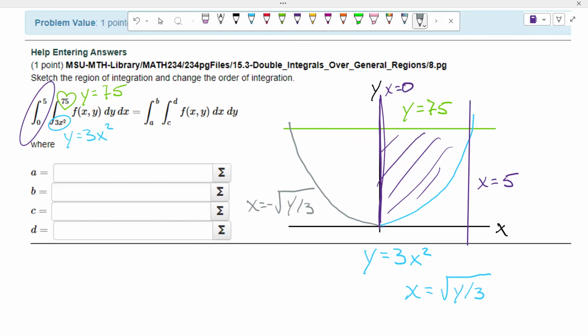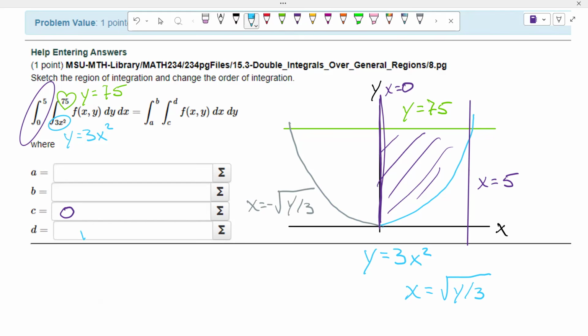So starting with the x limits, that's going to be C and D on this chart over there. I switched from doing an up and a down limit, a top and a bottom limit, to a right and a left limit. So if I'm looking at my region and going left and right, my left limit is x equals 0, the purple line. The right limit is that blue parabolic curve.